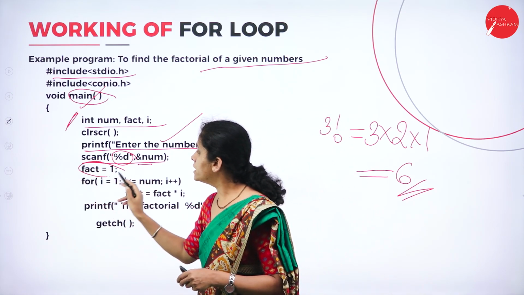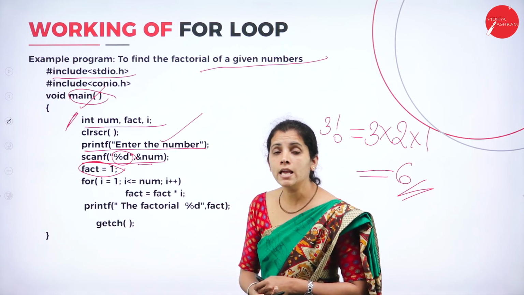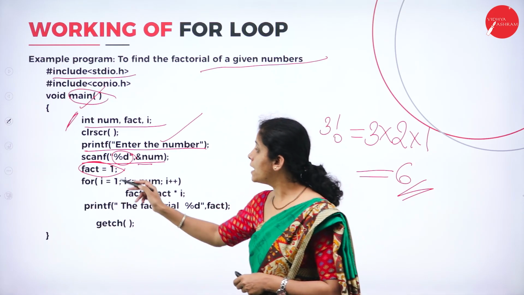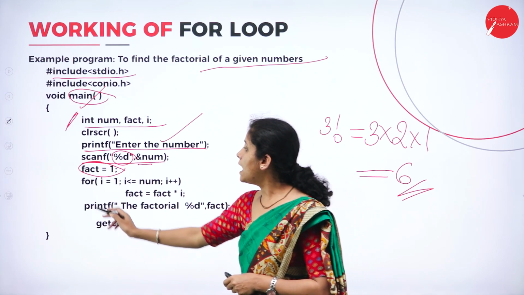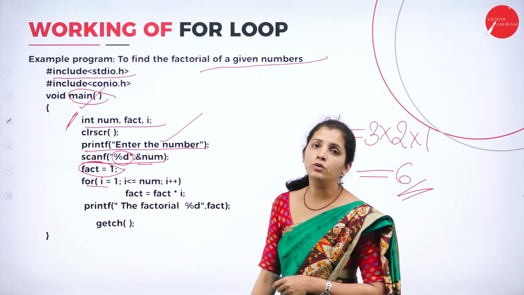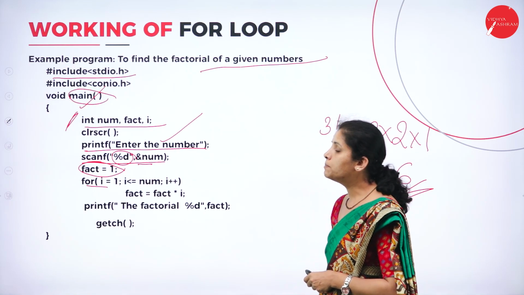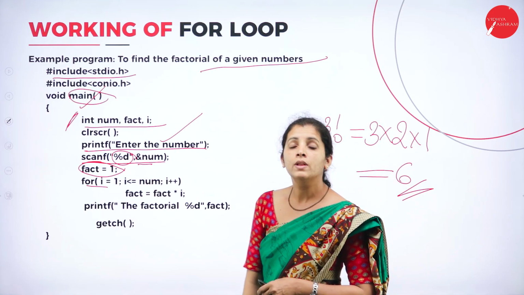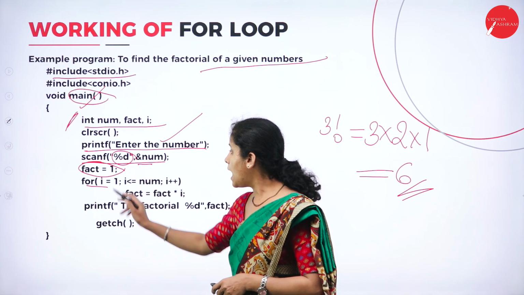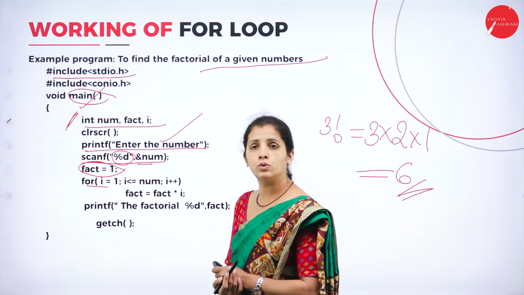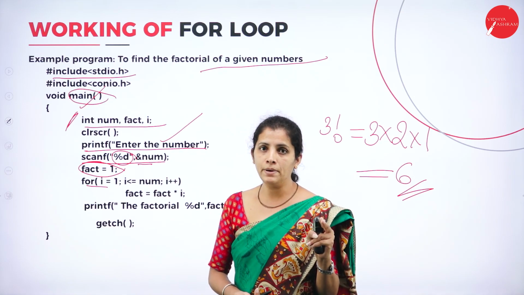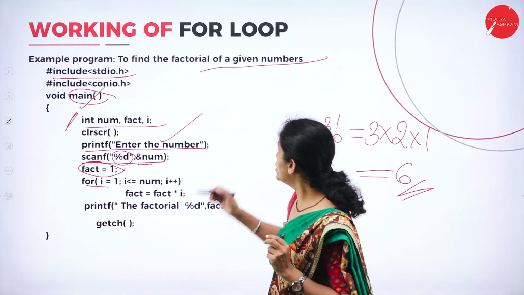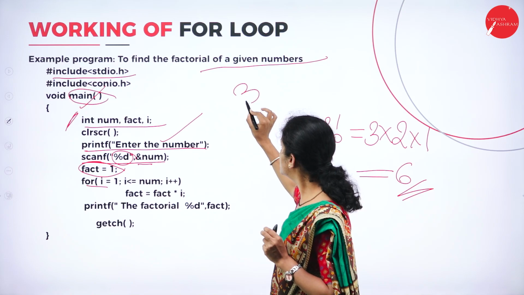Now, I'm going to take another variable called fact, and I'm going to initialize the value 1. Now, I'm going to write the for loop, and my for loop starts from I equal to 1, I less than or equal to number, and I plus plus. For example, think that I'm going to enter the value 3.